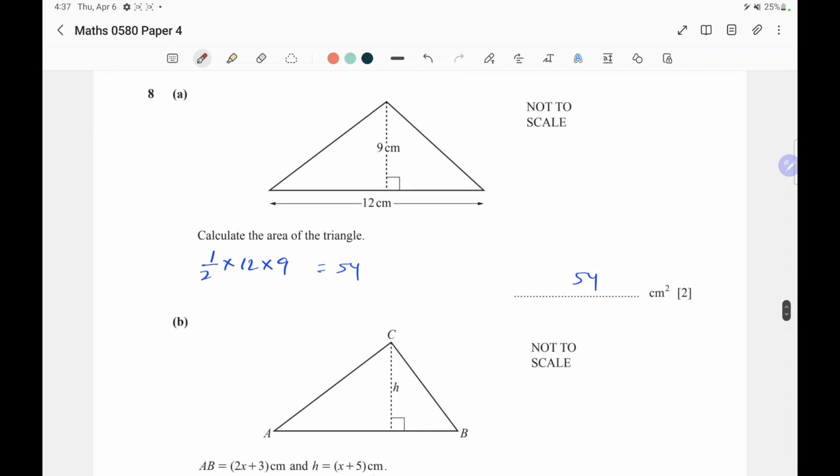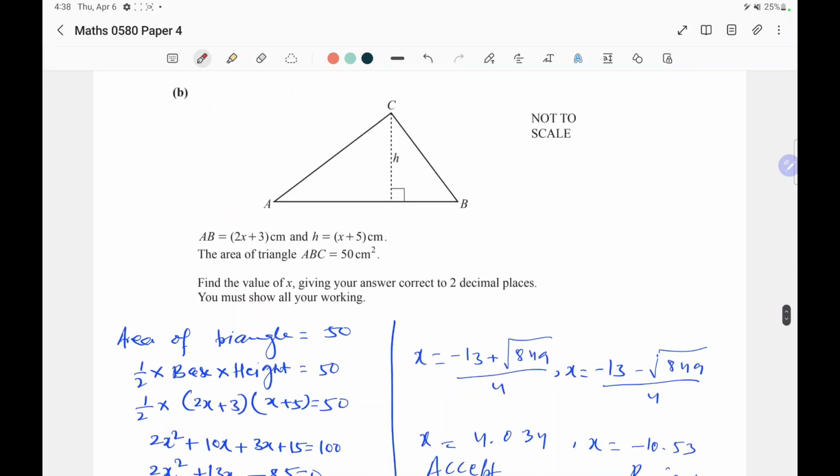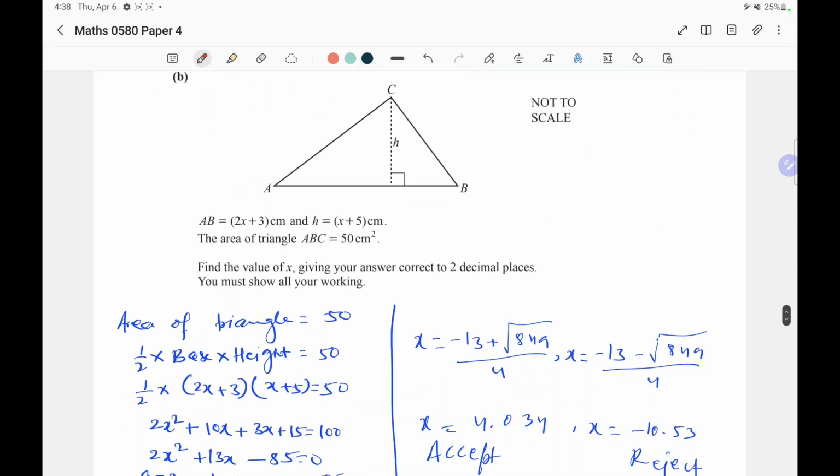Now the 8a part: find the area of the triangle where the base is given and the height is given. So half times base times height, it's again free marks. 54. Now the B part says again area of the triangle, the formula remains the same, but they have introduced a variable x and will ask you to use a quadratic equation.